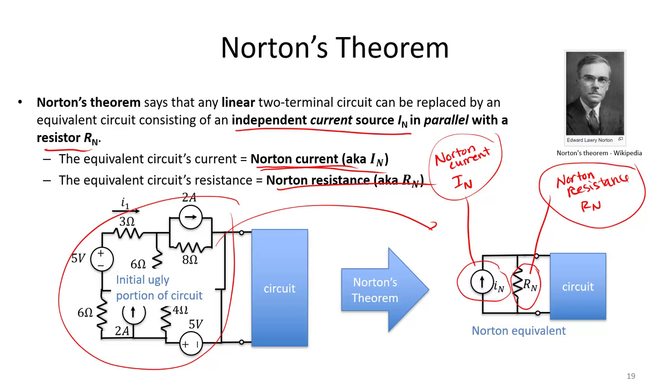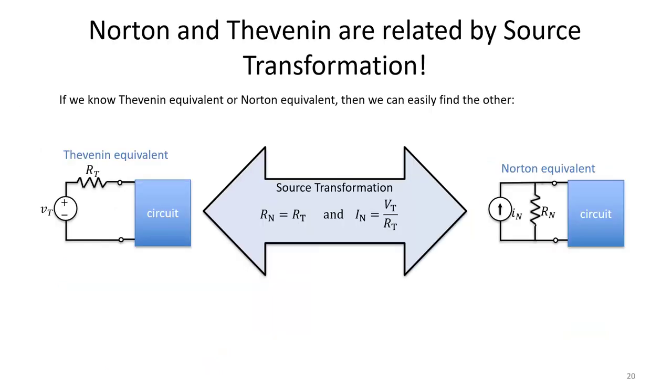So you might have noticed we just talked about source transformation in our previous video. And hey, would you look at that? Norton and Thevenin are both related by a source transformation. Remember, if we have a voltage source with a series resistor, we can apply a source transformation to determine an equivalent parallel current source and parallel resistor.